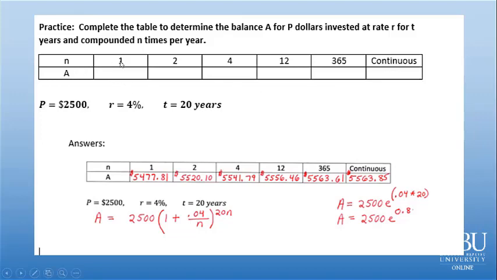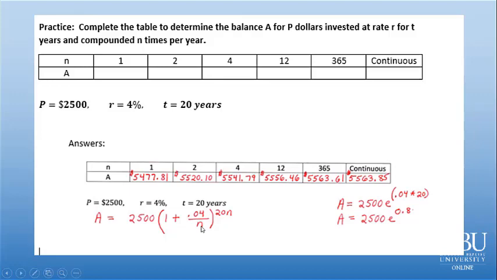For n equal to 1, 2, 4, or 12, I'm going to use this formula. The amount in the account after 20 years is the original deposit, $2,500, times 1 plus the interest rate, 4% is 0.04, divided by the number of times it's compounded per year, n, raised to an exponent of 20 times n if it's in there for 20 years.